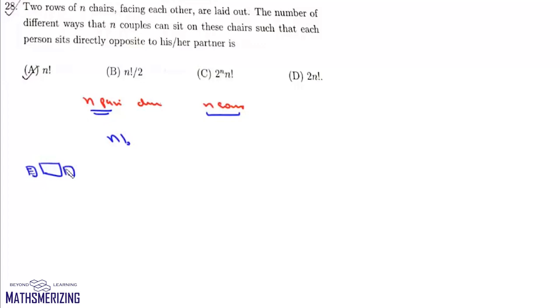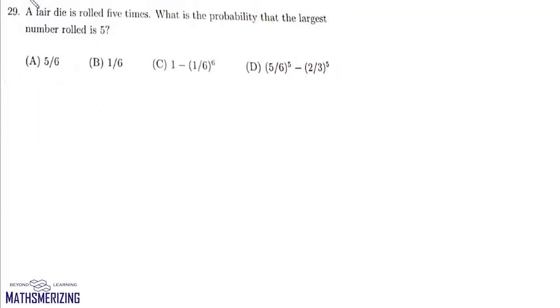Now on these 2 seats, any one couple can be arranged in 2 ways. So for the first seat there will be 2 choices, for the second seat also we'll have 2 choices, for the nth seat we'll have 2 choices. So the total number of ways in which they can sit is factorial n into 2 to the power n, and that's your option C.